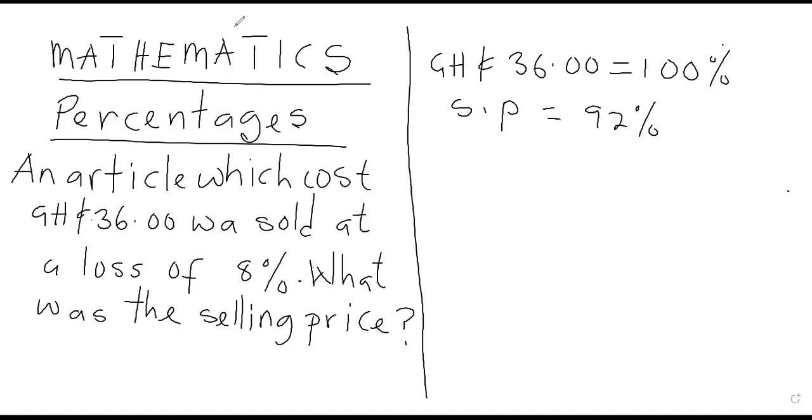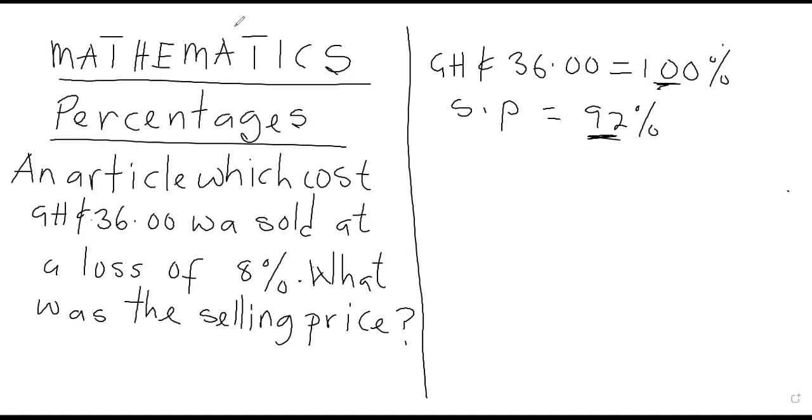Are we there? So the selling price should be equal to 100 minus the loss percent. Meaning 100% is representing the original price, and it has been reduced by 8%. So we subtract 8 from 100, that'll give you 92%. We are comparing 100% to 92%.